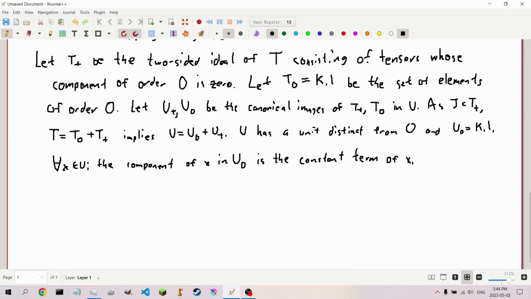And so we have that the two-sided ideal U plus is elements with constant term 0.